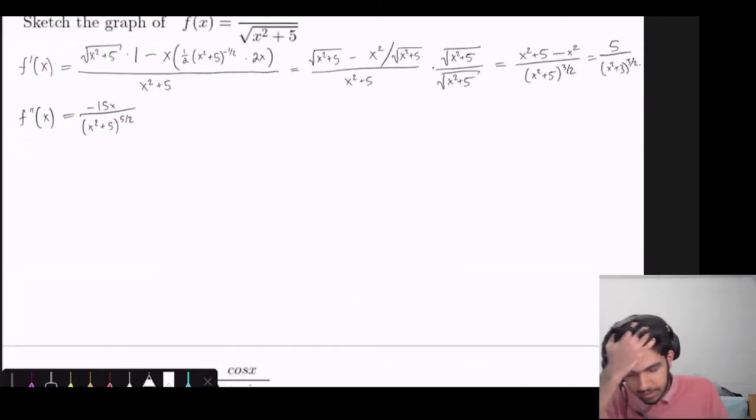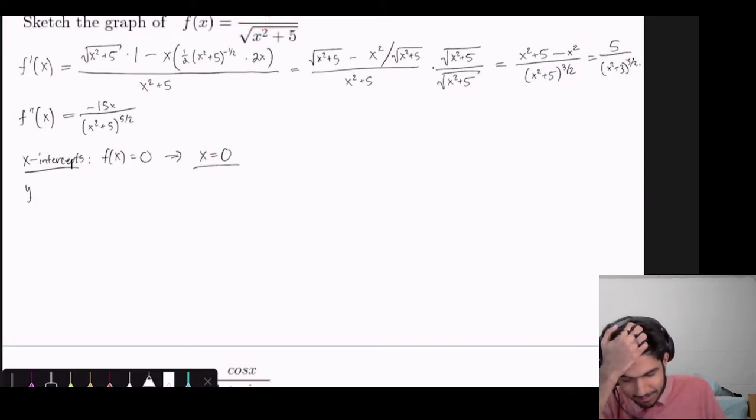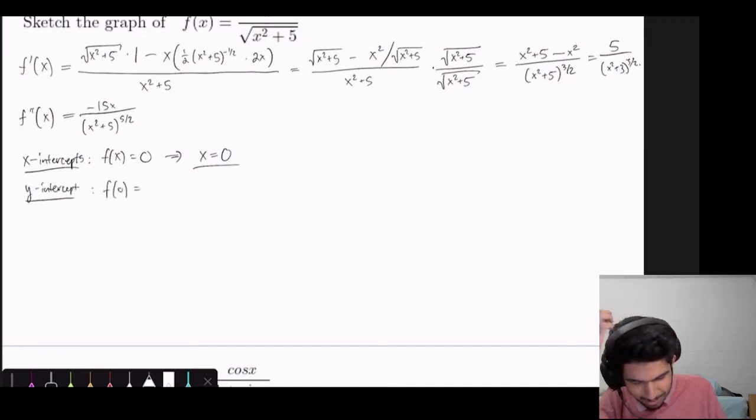Okay, let's do our list. X-intercepts. This occurs where f of x equals 0. So we want the numerator to equal 0, which is just x. So we want x to equal 0. So that's our x-intercept. Y-intercept. That is f of 0. So we plug in 0 for x, and we get 0 divided by the square root of 0 squared plus 5.